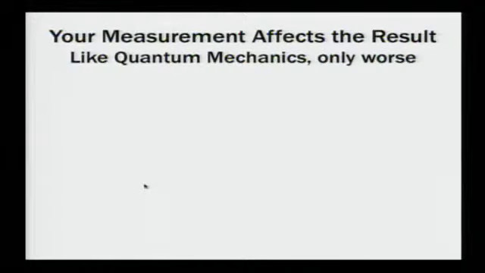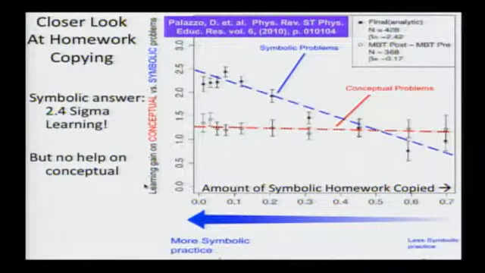One of the big things that we did was to show how deleterious copying your Mastering Physics was in terms of your final exam grade. Negative 0.47 correlation. Then we looked under the hood, and we looked at the two kinds of questions on the final exam, the symbolic questions and the conceptual questions.